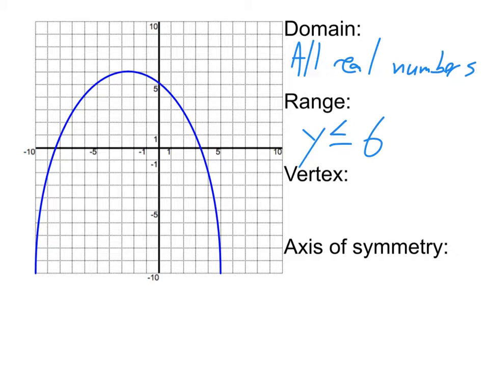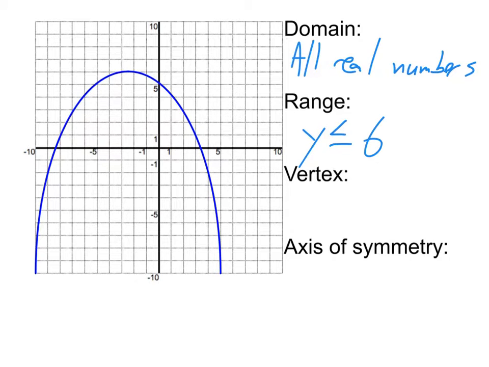Now we need our vertex. If it's a little bit hard to tell where the vertex is here, well, you can estimate, that's okay. But the nice part about doing this sort of thing on a computer is we can actually zoom in and see where that is a little bit more precisely. And so we can see here that our vertex is going to be at this point. That's the highest it reaches. Well, we need to first give our x-coordinate.